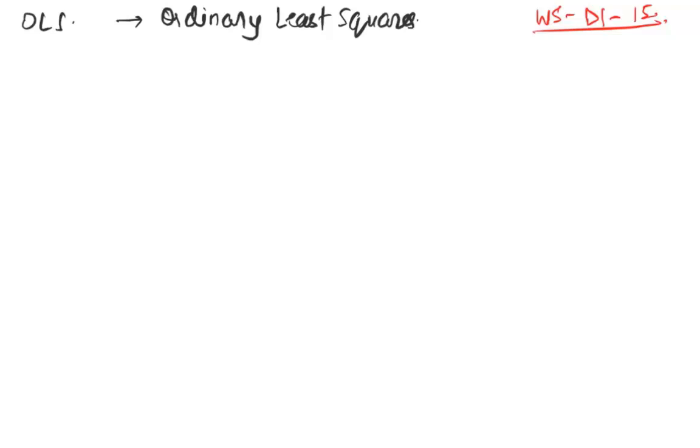Now, this OLS approach, like all other statistical models, will come with a set of assumptions. All statistical models have a generally heavy set of assumptions that they've got to take care of. We'll start off with the assumptions for OLS now.